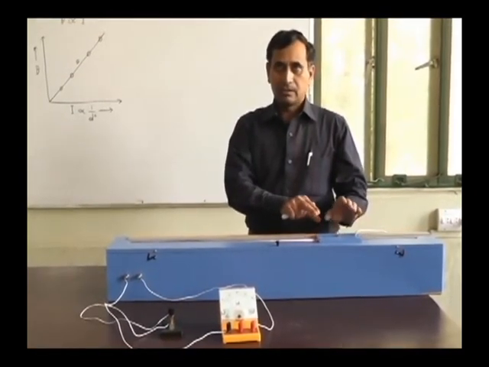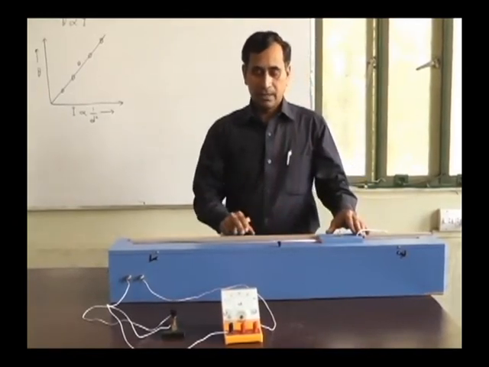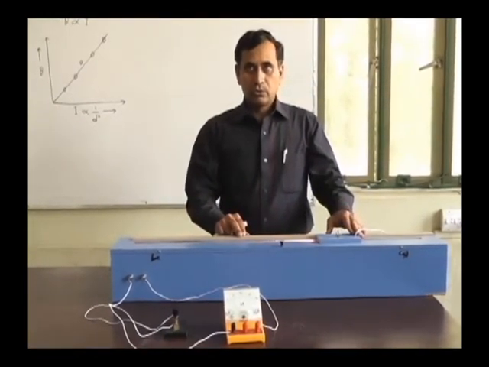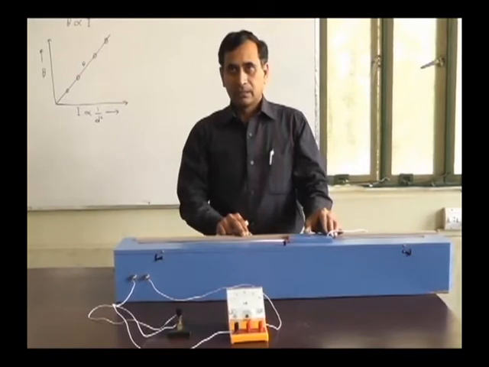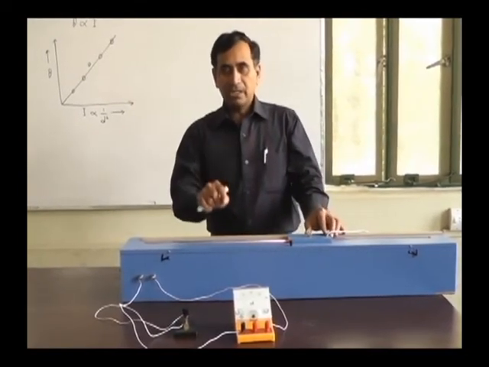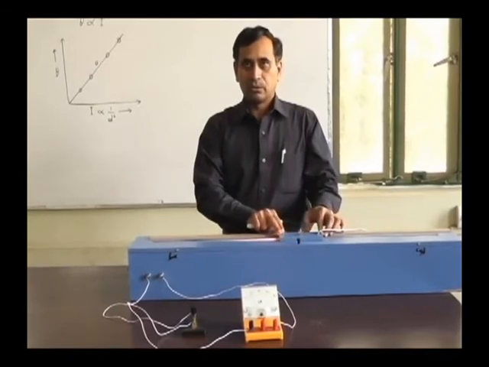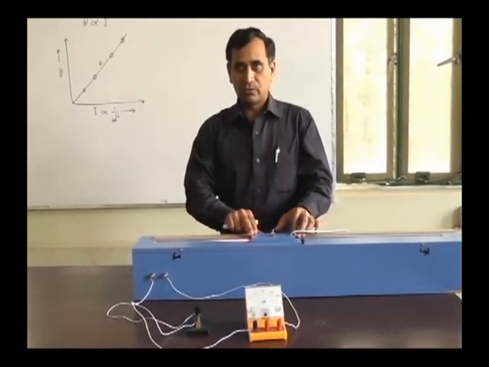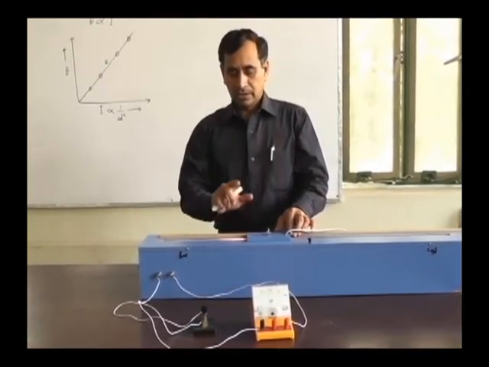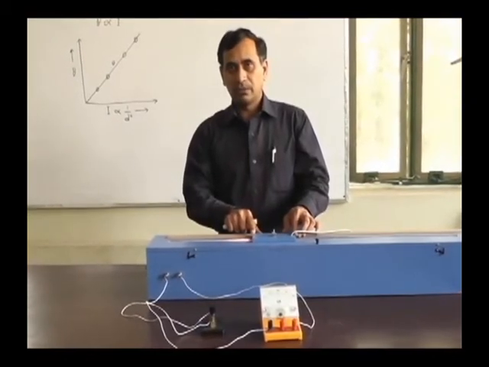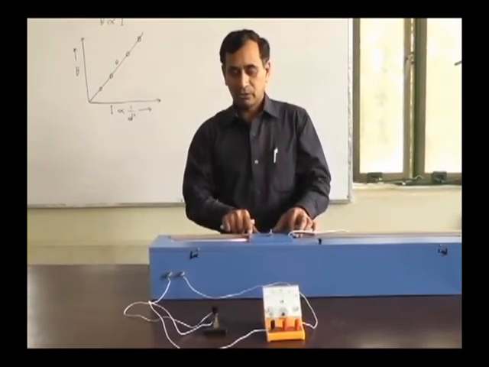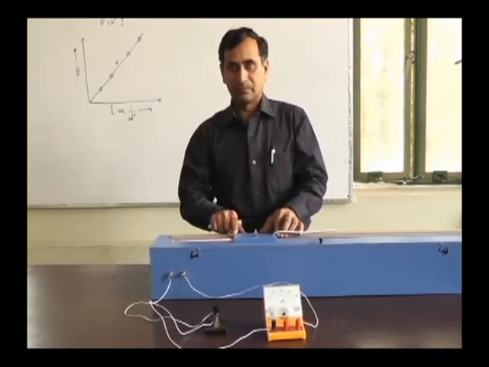So that is the second point here. Now you need to also check that the ammeter reading should not go out of scale. So this final distance of the electric lamp from the photocell must be noted also.